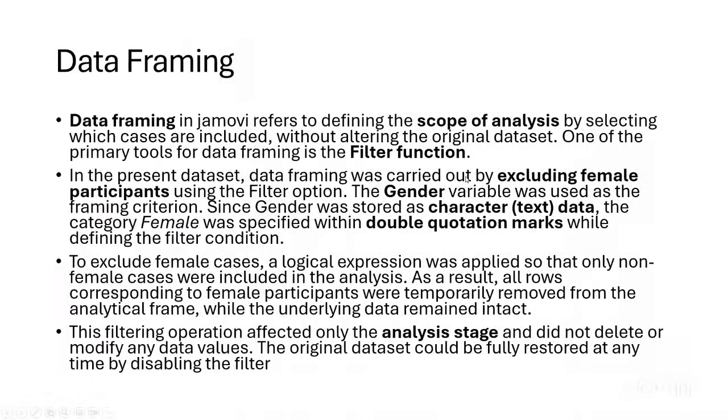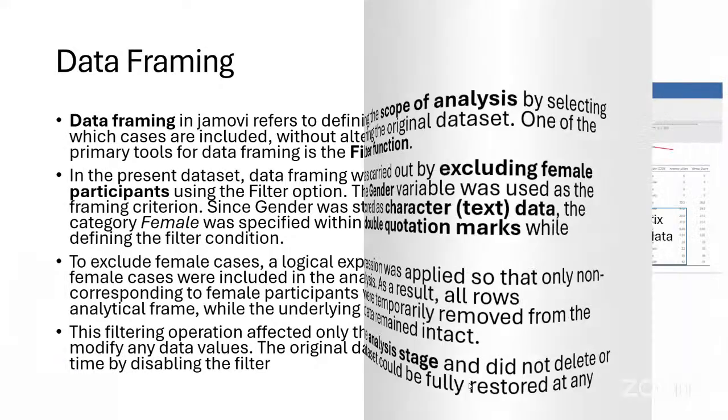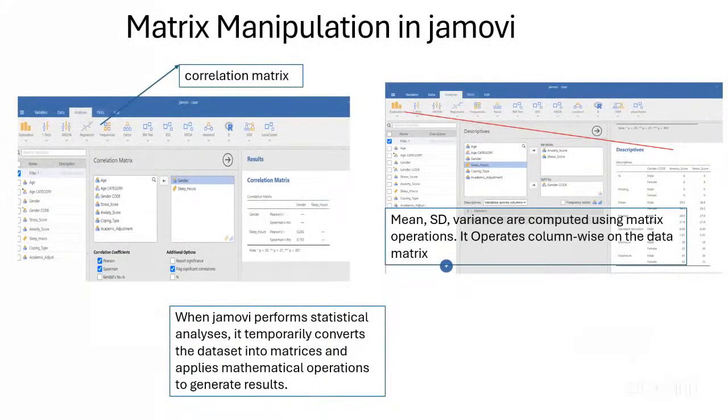Now, you have understood filter, what we have done: it includes the female case. So that is data framing. Now matrix manipulation in Jamovi. For matrix manipulation there are so many analyses available in Jamovi. When you click on analysis, you will find regression, and in regression you will find correlation matrix. So correlation matrix is a kind of matrix in Jamovi.